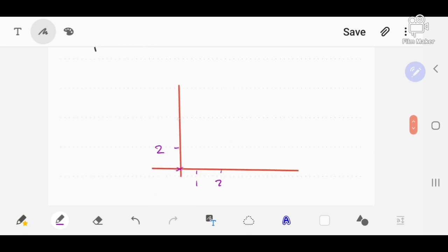You will have 0, 0 of course, so you'll have these points. It's a straight line passing through 0, 0. That's f of x equal 2x.